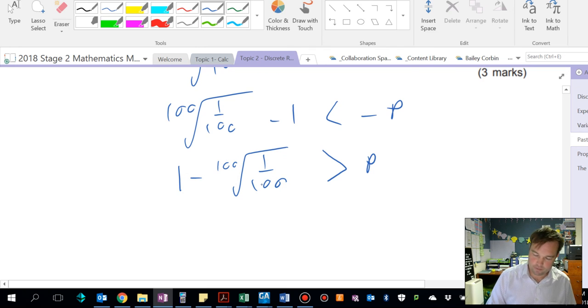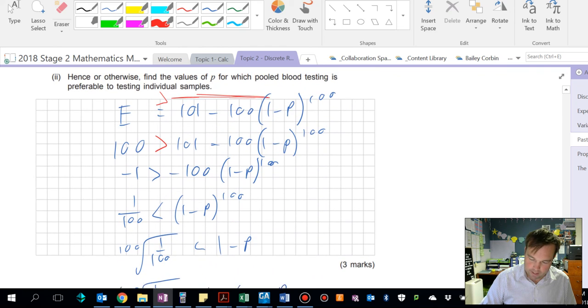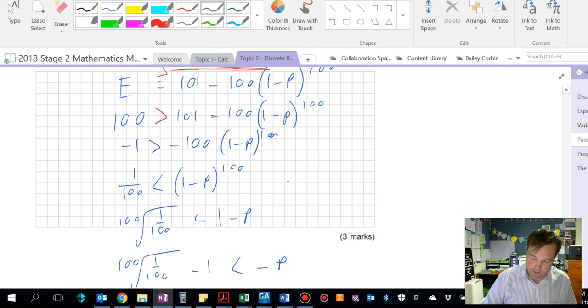Then in the calculator, well, that would be the exact answer. In the calculator, it turns out that P is less than or equal to 0.045. And note, with 3 marks, you wouldn't have had to show all those algebraic steps. You could have reached for your calculator earlier than that.